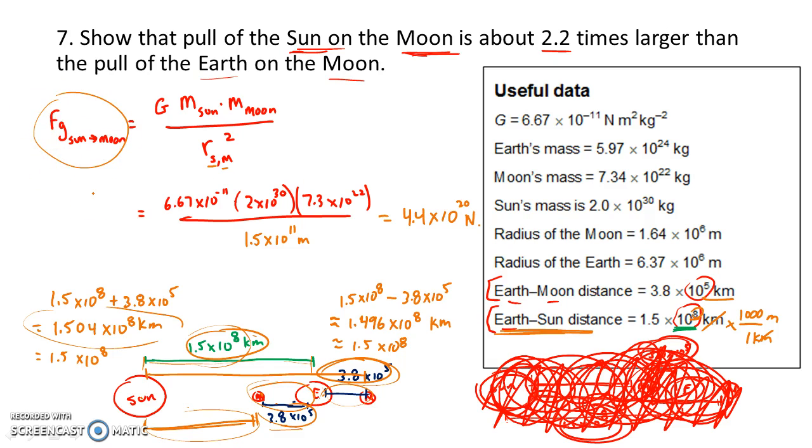Our next goal is to do the force of gravity from the Earth to the Moon, on the Moon. Gravitational constant times the mass of the Earth, mass of the Moon, all over the distance from the Earth to Moon squared.